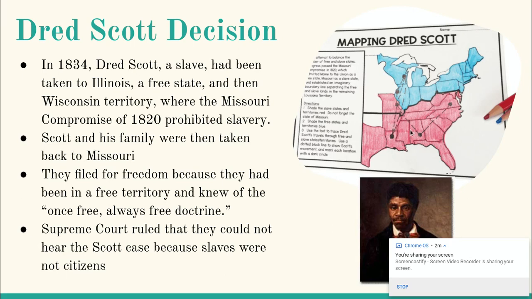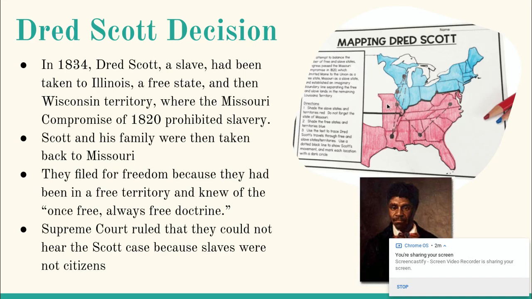But then when he gets taken to Illinois, here, and he goes to Wisconsin as well, these are free. Illinois was a free state and Wisconsin was a free territory. So Scott comes back to Missouri, in the red state right here, which is a slave state.